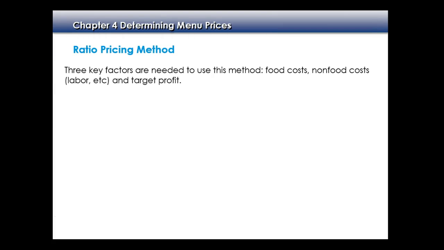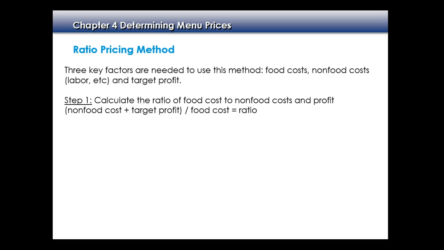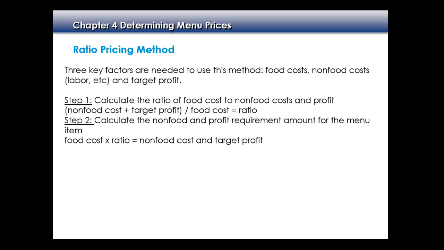Next one is the ratio pricing method. So once again, we need to know the food cost, non-food cost, and the target profit. Step 1, I'm going to find that non-food cost plus the target profit, add those two together, divide by the food cost, and that will give you your ratio.